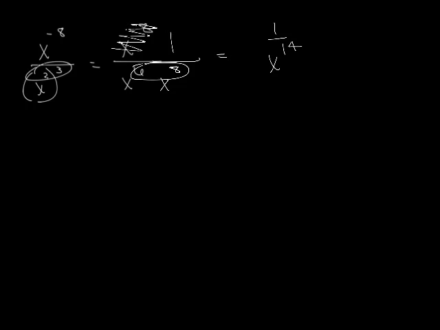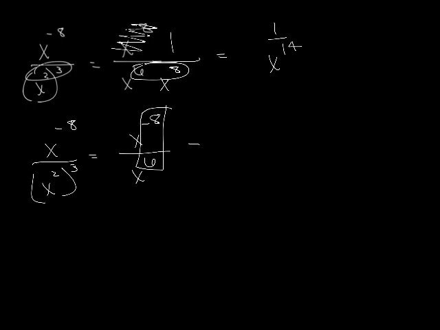Alright, let's look at another way of doing this. So I'm going to write the same problem down. And again, I'm going to leave my x to the -8th alone up there, and this will be x to the 6th. Now, what I can do here is I can write this as x to the -8 minus 6, which is x to the -14.